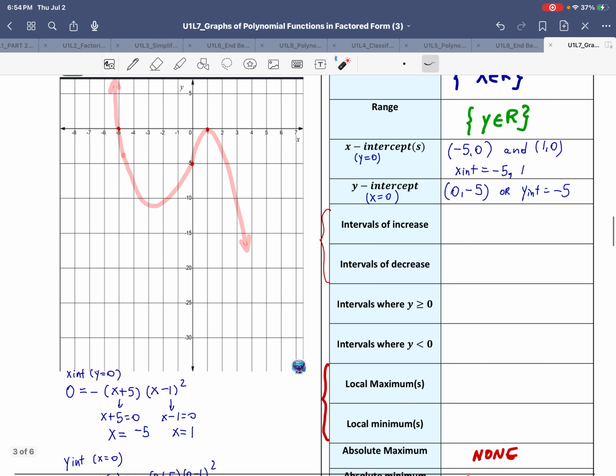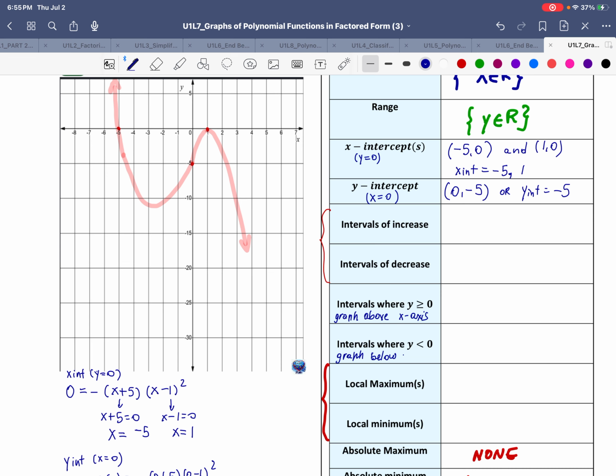For example, we can determine the intervals where y is positive or 0. So in other words, when the graph is above the x-axis. Now these are things we already know, but I'm just writing them down as reminders. And here we have the graph below the x-axis for y values less than 0.